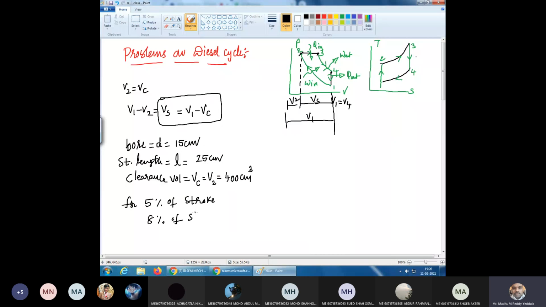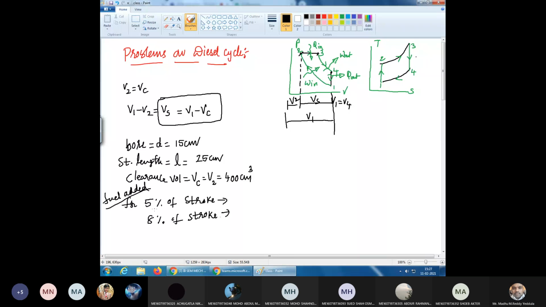Means what you need to do? You need to calculate the efficiency for 5% of stroke, where fuel is added for 5% of the stroke. What is the efficiency if it continues till 8% of the stroke? These two we need to do right now.